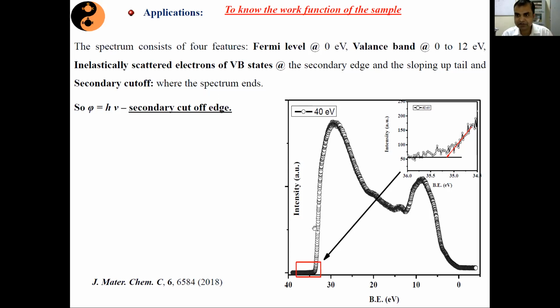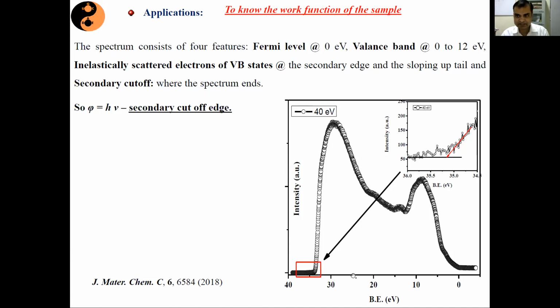So I record the whole binding energy spectra of the photoelectrons emitted from the valence band. Those electrons will have the minimum kinetic energy, I'm sorry, the maximum kinetic energy, so on the binding energy scale they will appear at the very high binding energy side.